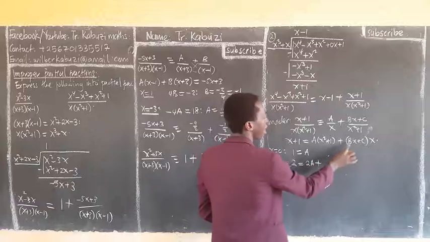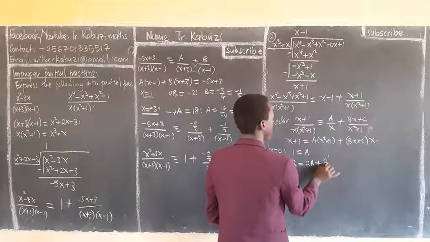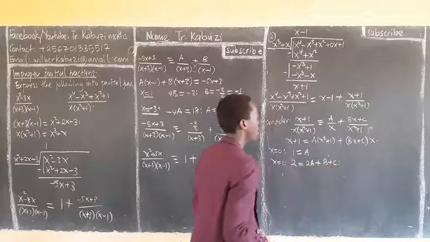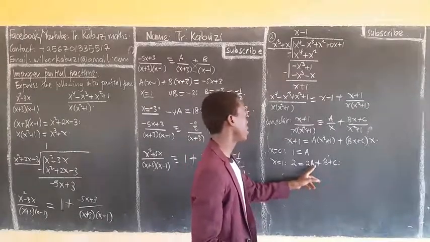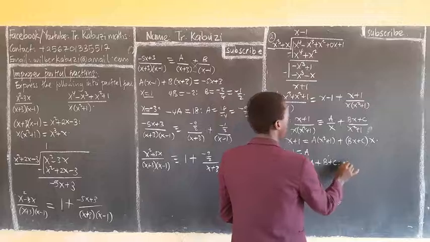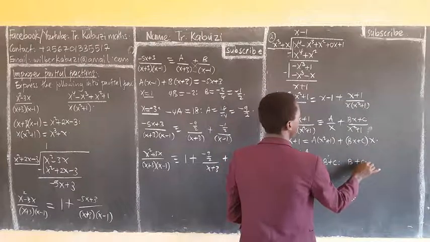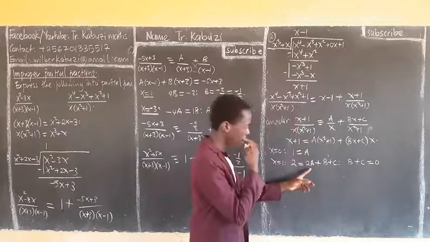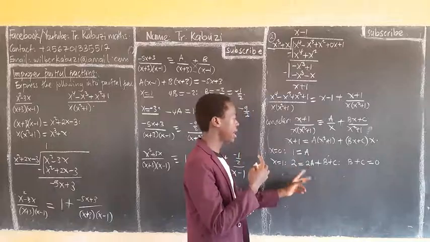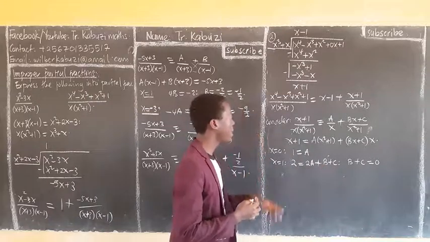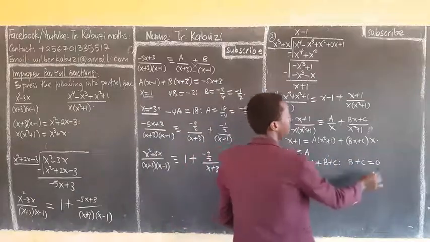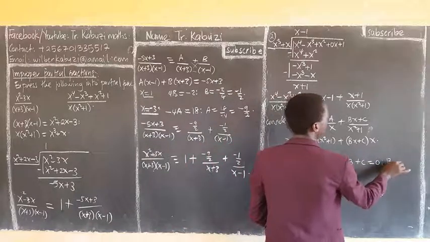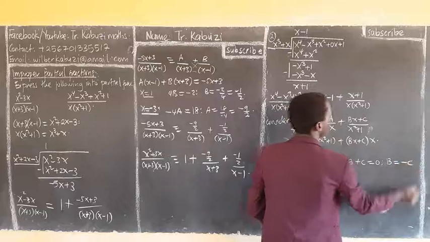Then plus I have here B plus C. If I rearrange this, my A is 1, so from here, my B plus C is equal to 0. Because A is 1, when I take it this side, I'll be having B plus C equal to 0. You can even see that your B is equal to negative C.